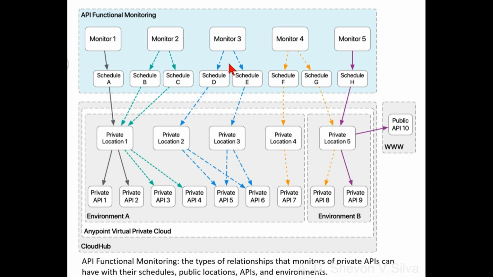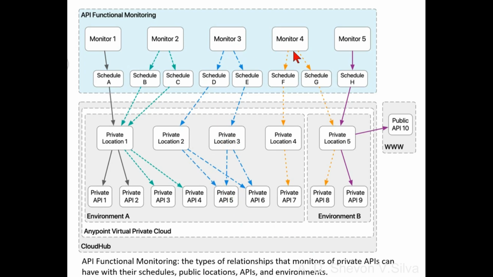Monitor 3 is written to test one or more endpoints in API 5 and API 6, although it could also test endpoints in more private APIs. The private locations and the APIs are in a single environment A.